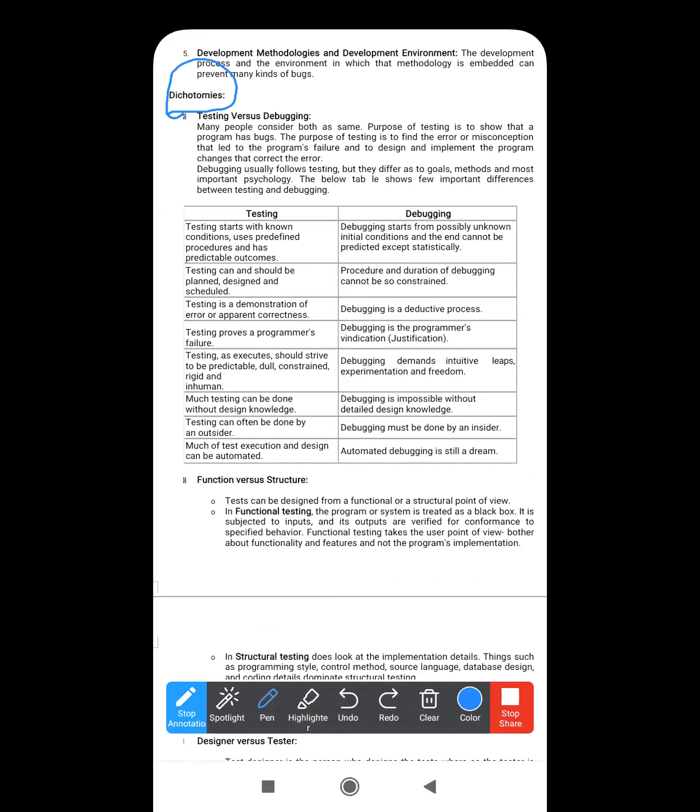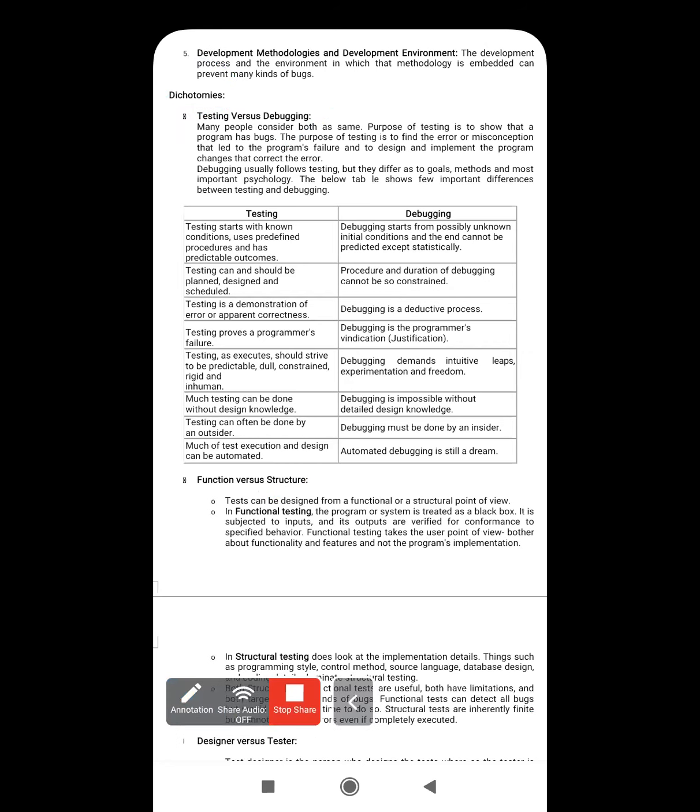Okay, now here I will show you. We are having 7 different types of differences between any two. We are having 7 subheadings in it. First one, testing versus debugging. Next one, function versus structure.